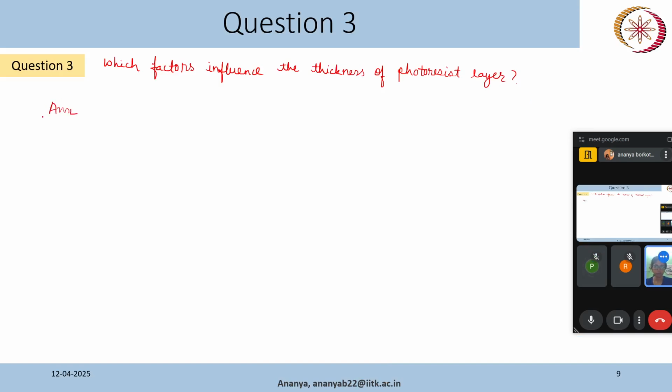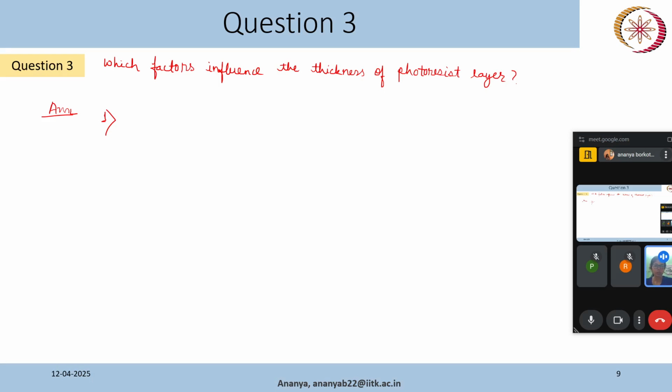So the first factor, the most important one, is the viscosity, because even if you keep the speed and the duration constant, if the photoresist has a very liquidy consistency, then it will spread out more and the thickness will be less.